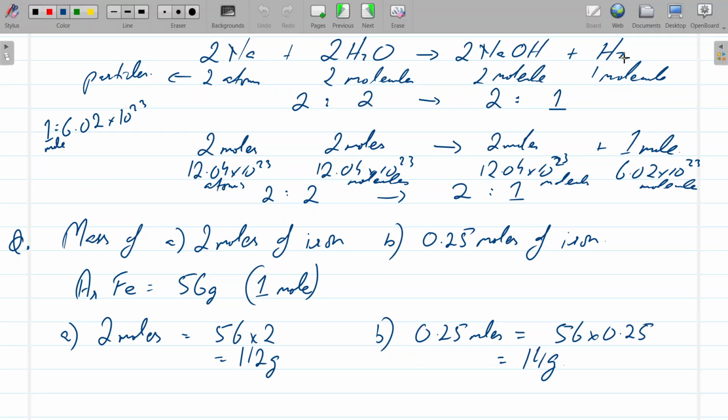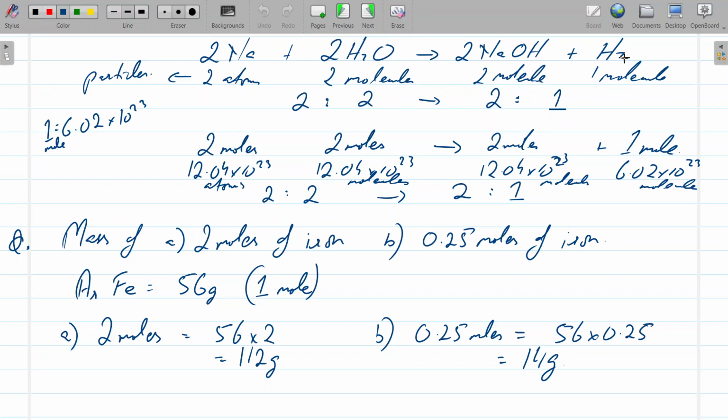The equation at the top of the page. And so we talked about atoms and molecules reacting together, but again, we're not dealing with individual atoms and molecules. And so we refer to that as moles. So 2 moles of sodium reacting with 2 moles of water, giving you 2 moles of sodium hydroxide and 1 mole of hydrogen, not water, hydrogen.